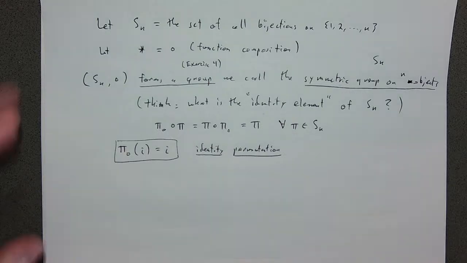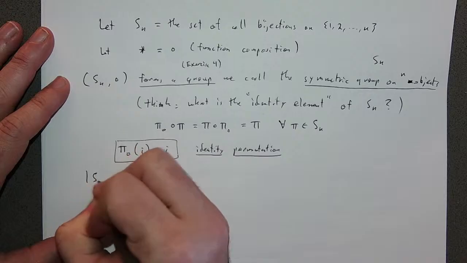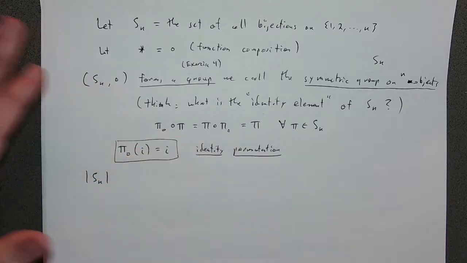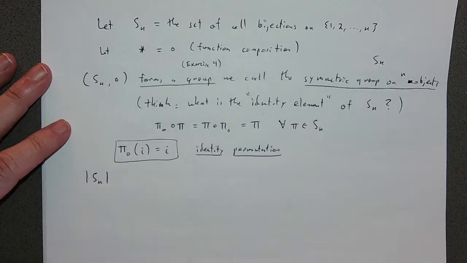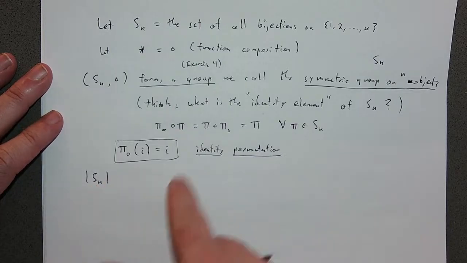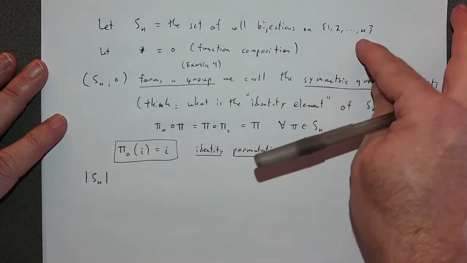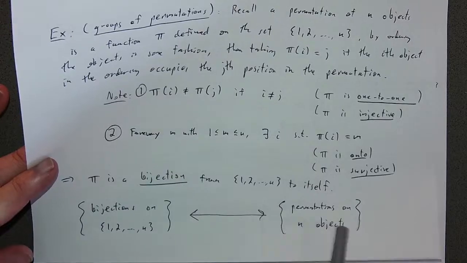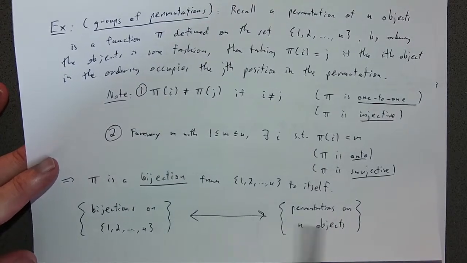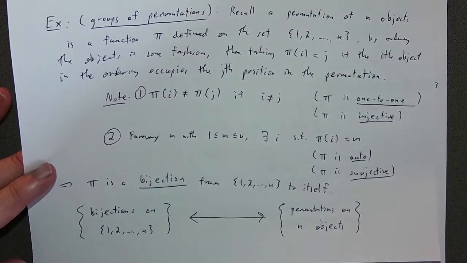Now, what is the size of this group? When we're talking about groups, we use the same terminology as graphs, so we talk about the order of the group. You don't have to worry too much about that now. But what is the order of this group? Well, this is the number of permutations on n objects, because for every permutation there's a bijection and vice versa, so these are the same count.